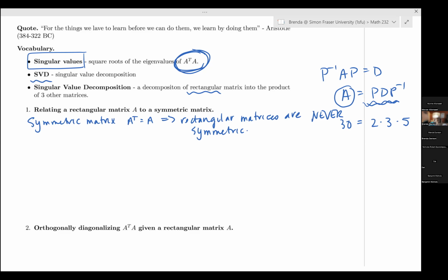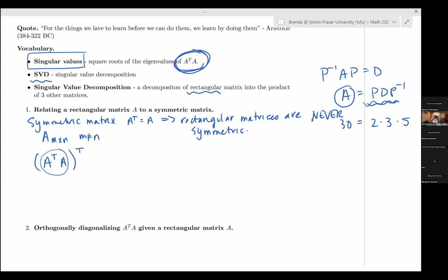Imagine that I have a rectangular matrix, M not equal to N. Then I'm going to consider the product A transpose A. That's some matrix.